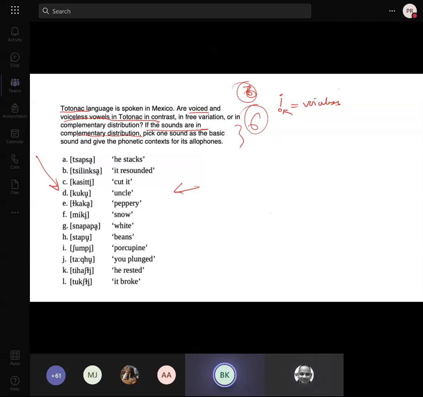Okay, so now the best way to approach these kinds of problems is to list out the environments of the vowels. For example, a versus voiceless a, and e versus voiceless e, etc. Or for simplicity's sake, we will just put vowels versus voiceless vowels environments, right?